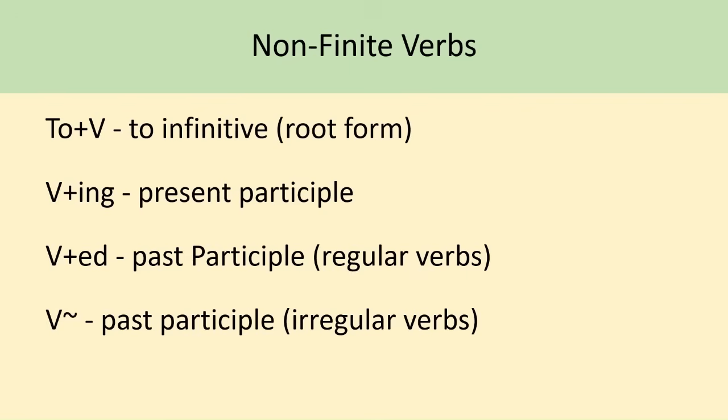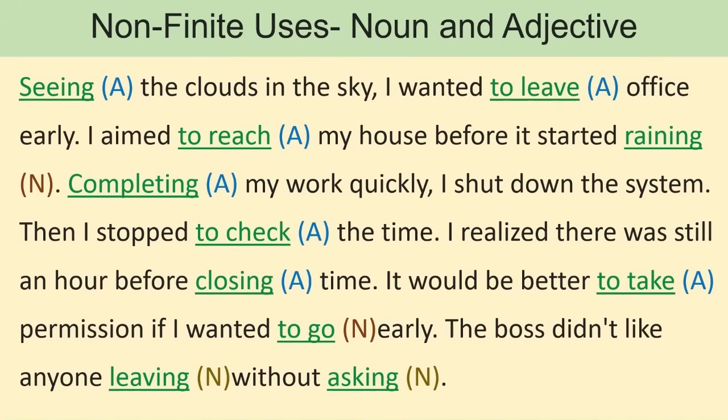Now you have seen the structures. Now let us move to their function. Non-finite verbs appear like verbs, but they function as noun and adjective. Details of which functions as a noun and which as an adjective I will give you later.